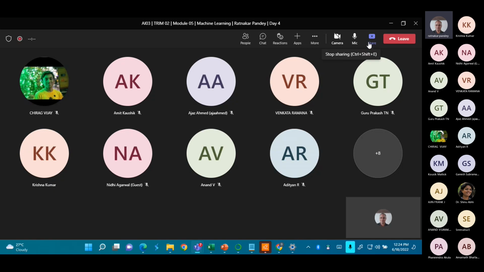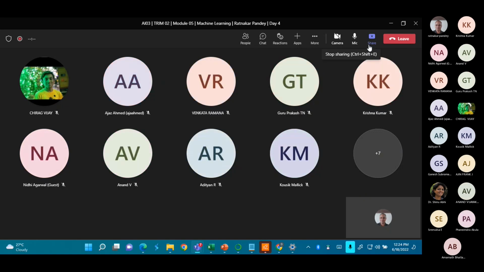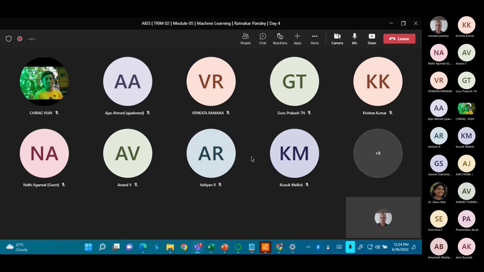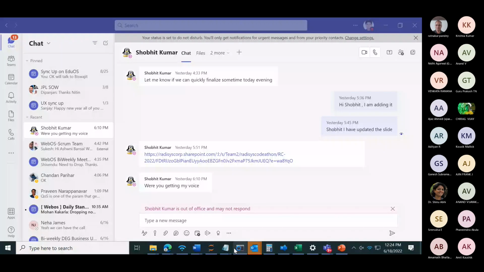Because others will also be interested, right? Control Shift E. Control Shift E. Y always remains Y. Yeah.